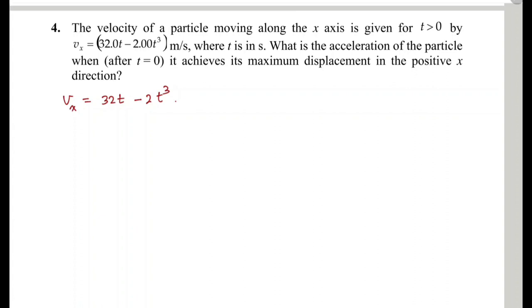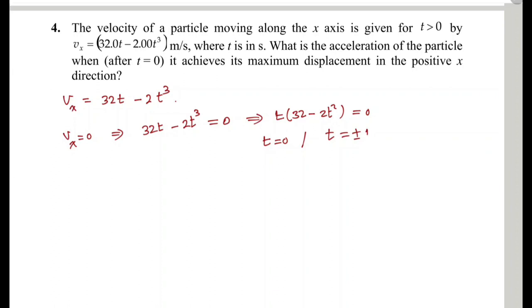So to have a maximum displacement, v of x has to be 0. In this case, 32t minus 2t cubed equals 0. So in this case, t times 32 minus 2t squared equals 0. It's either t equals 0 or t equals plus or minus 4.